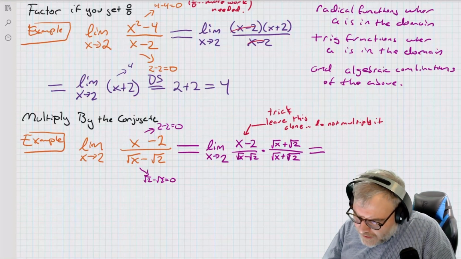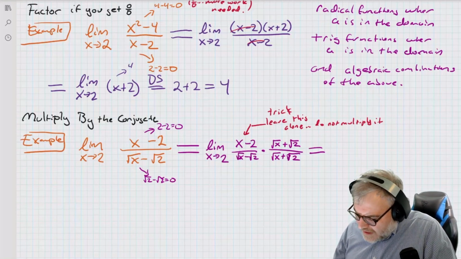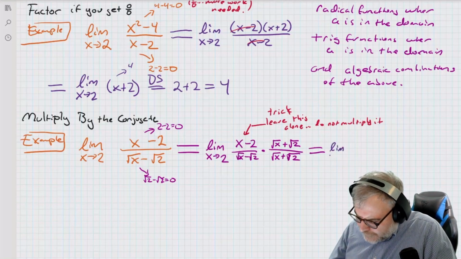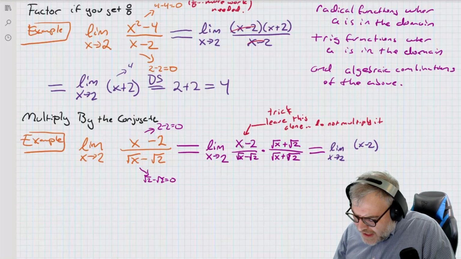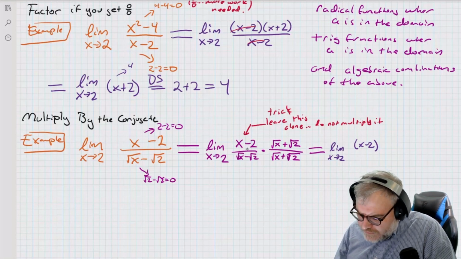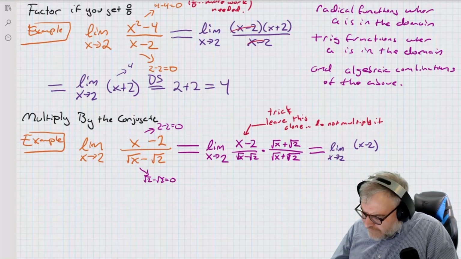So what happens when I multiply this out? I'm going to leave the top alone. If you leave the thing that does not have the square roots alone, I'm just going to leave it like this.